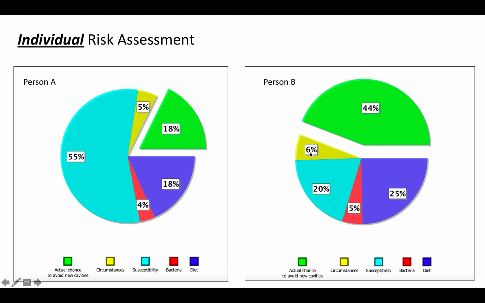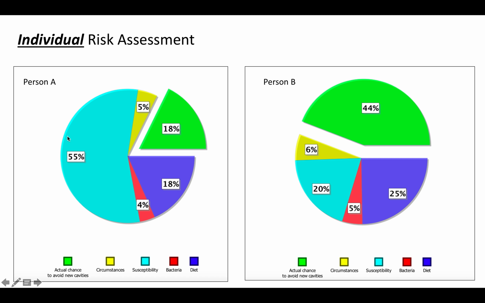We see the same factors here contributing to this person's risk also, but they contribute with different proportions. In this case, in person B, you can see that the saliva and the fluoride contribute less to the risk than they do for person A.